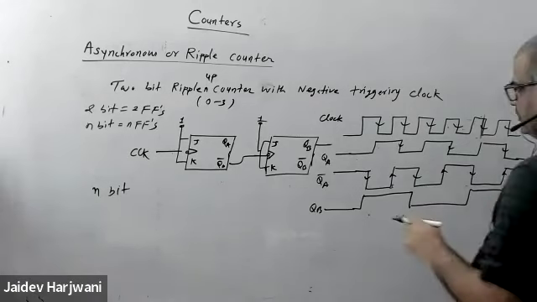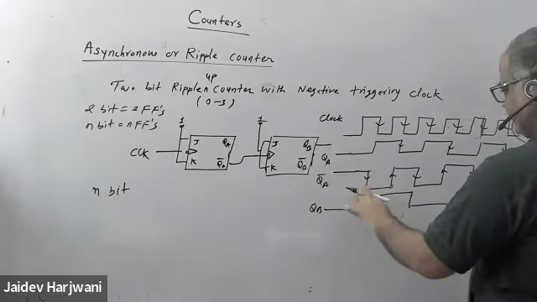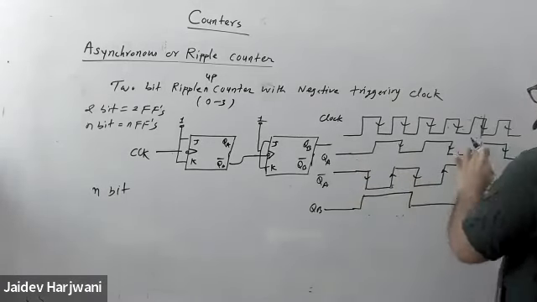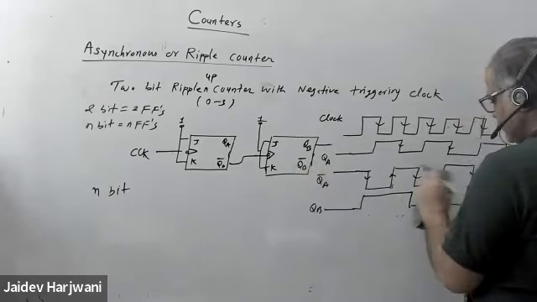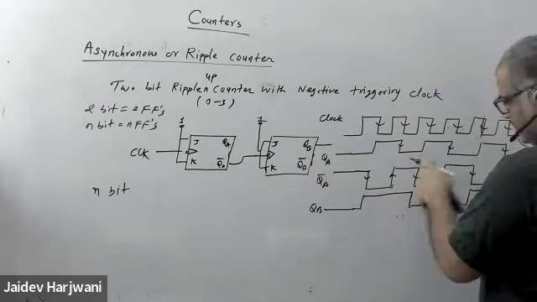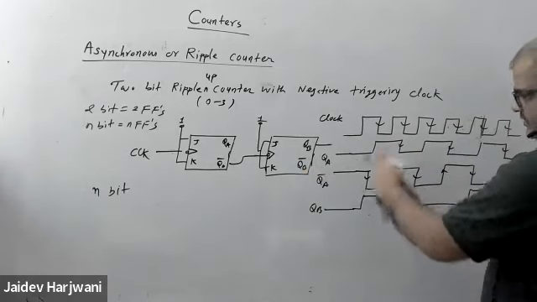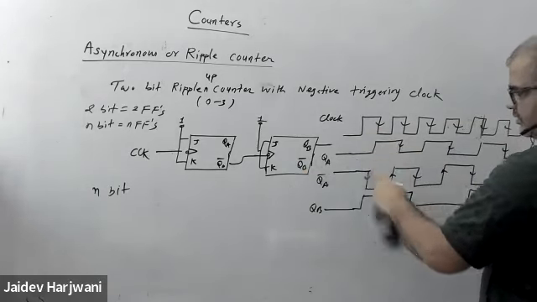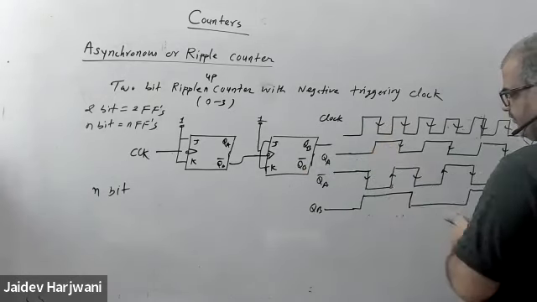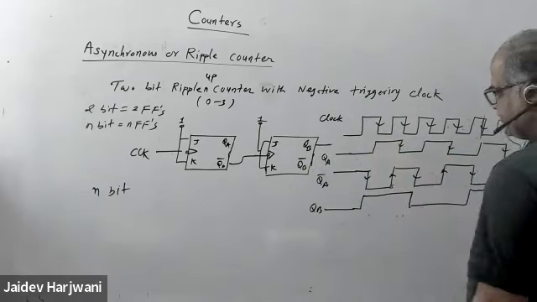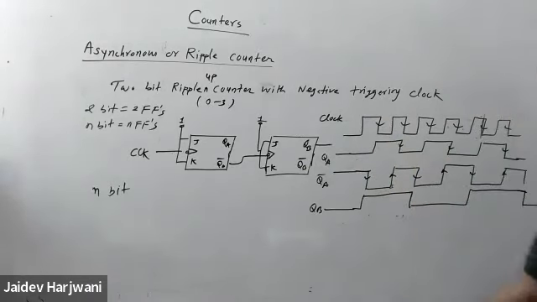So here it is changing, here it is changing, and here it is changing. So I'm removing this one. If you want to keep it, you can keep it, but I don't want it for counting. This is for understanding. I'm just reversing the clock. So it is down, it is getting up. So that's it.